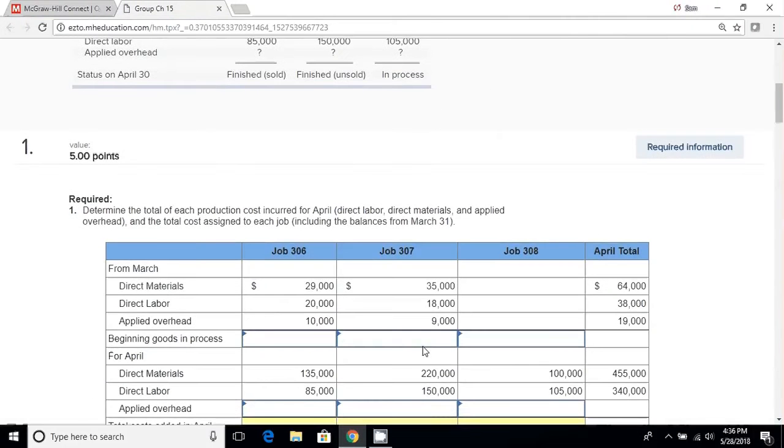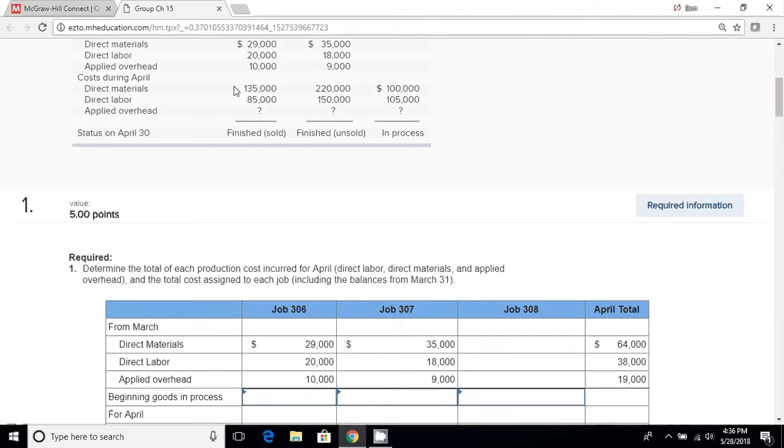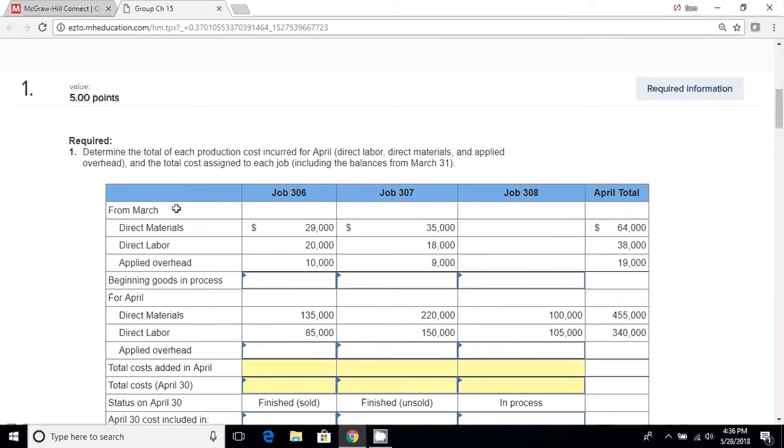So we come on down to the chart and it says determine the total of each production cost incurred for April, direct labor, direct material, and applied overhead, and the total cost assigned to each job, including balances for March 31. So nice enough that they've brought this information down here for us. And what we see is that this is March information, right? And then April starts here.